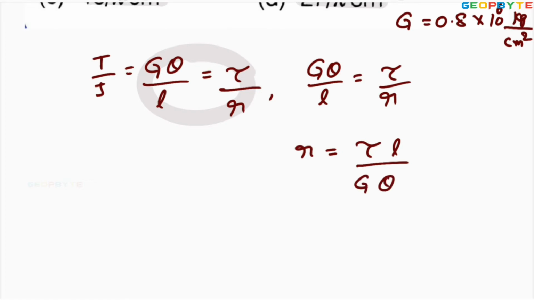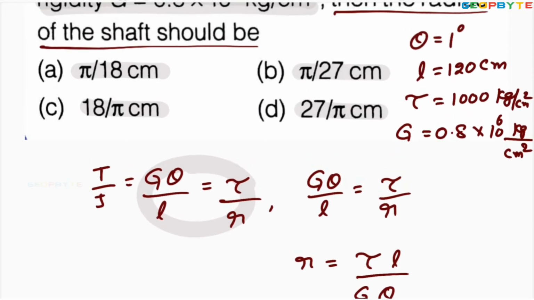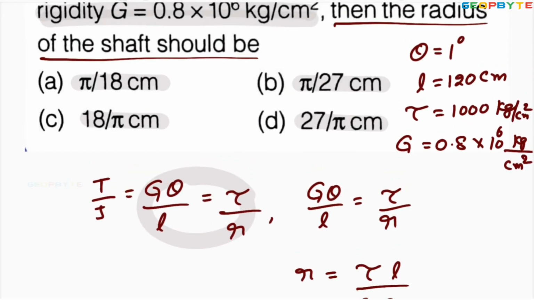But theta should be taken in radians. This 1 degree can be written as 1 into pi by 180 radians.